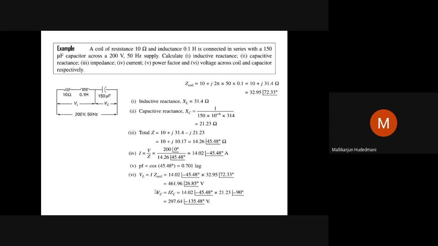Then what is the power factor of the circuit? Power factor of the circuit is the cosine of the angle between voltage and current. That is readily available with respect to I. What is the value of I? 14.02. What is the angle associated with the vector I? 45.48. The cos of this angle becomes the power factor. Whether it's minus or plus, minus indicates lagging, plus indicates leading.